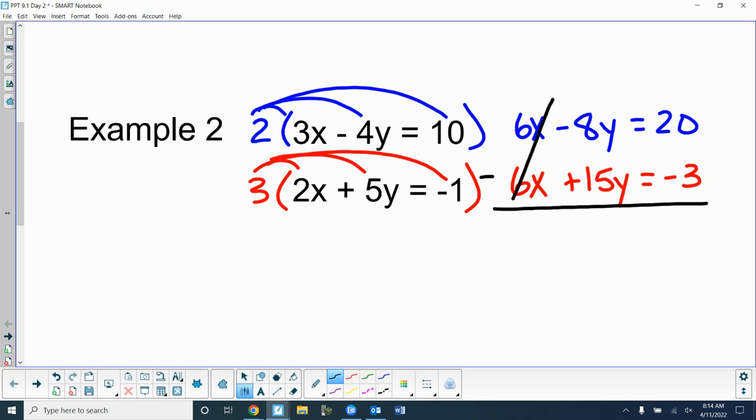Those cancel. So remember, what is negative 8 minus 15? Negative 23. What's 20 minus a negative 3? 23. So it comes out nice for the y's, doesn't it?